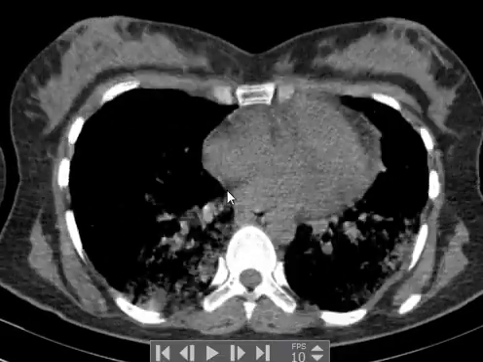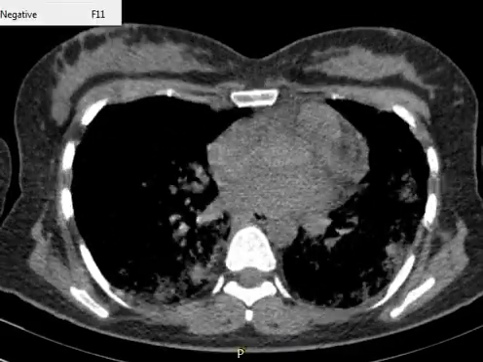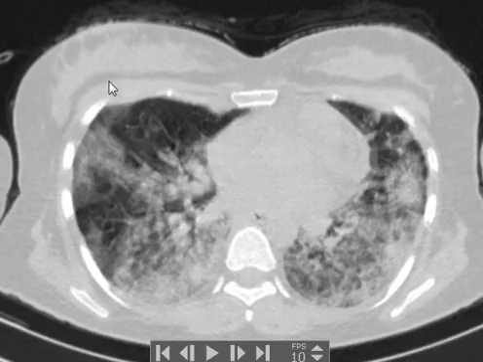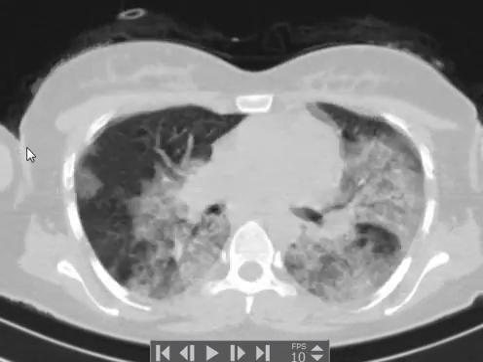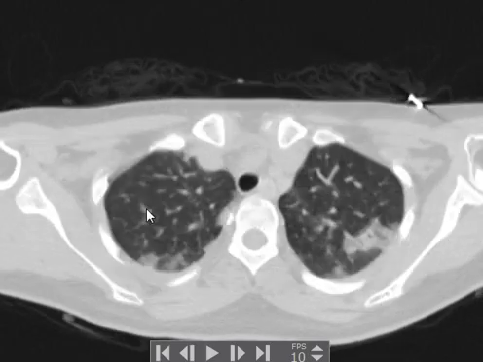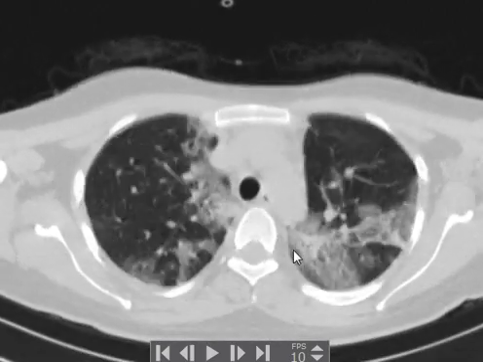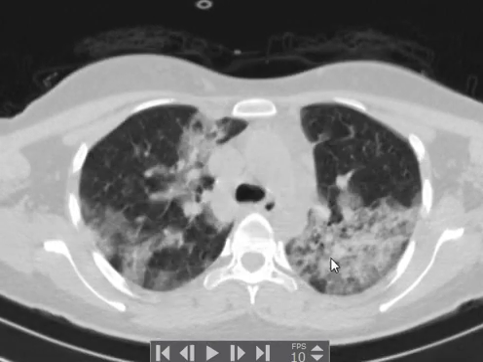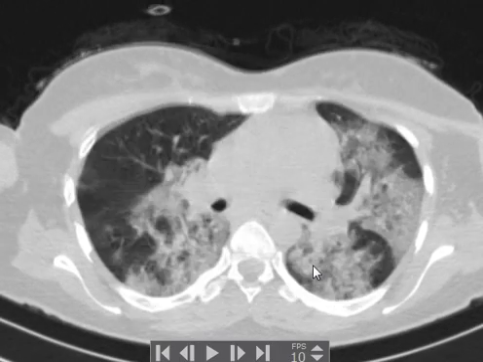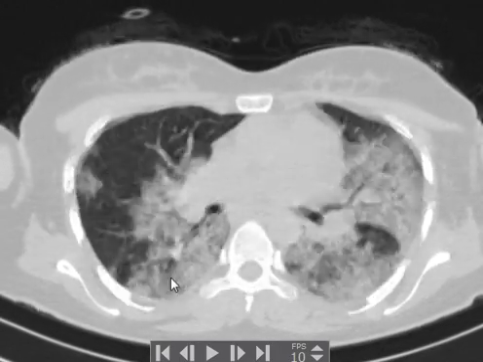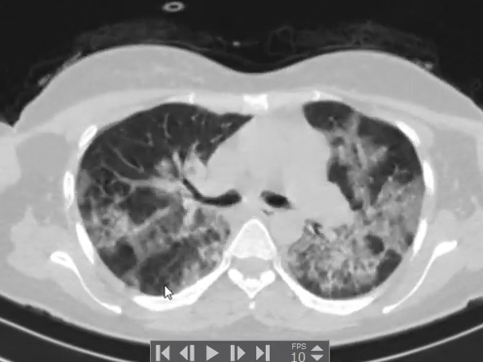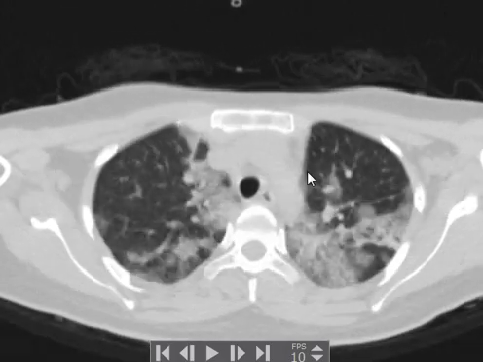So keep in mind the following things to look for in COVID pneumonia. The patchy ground glass opacities bilaterally, almost symmetrical, maybe one side more than the other. There is no pleural effusion bilaterally, no significant lymphadenopathy.